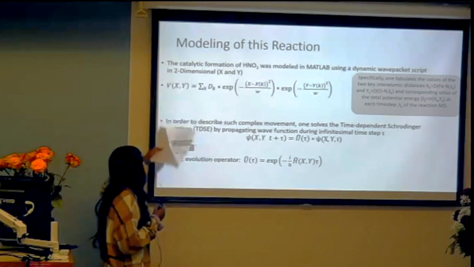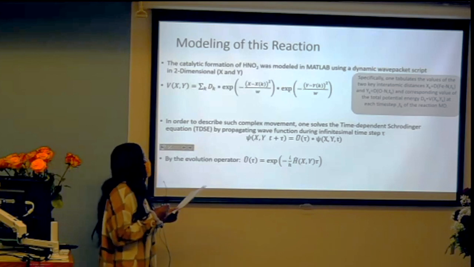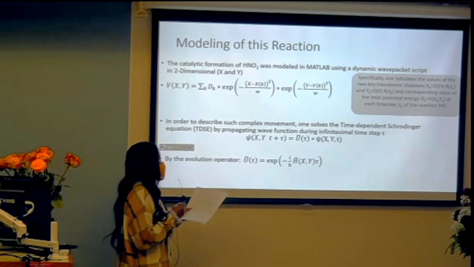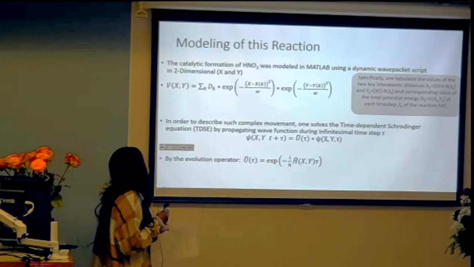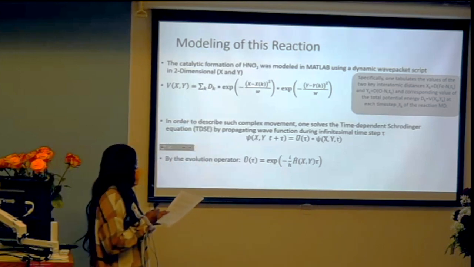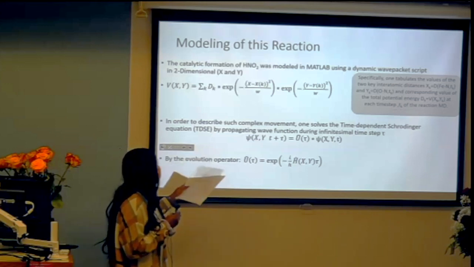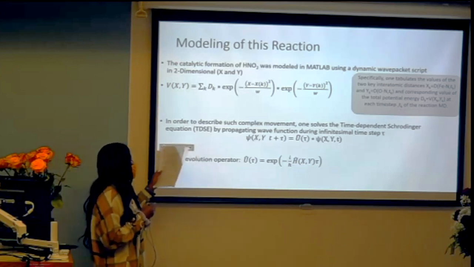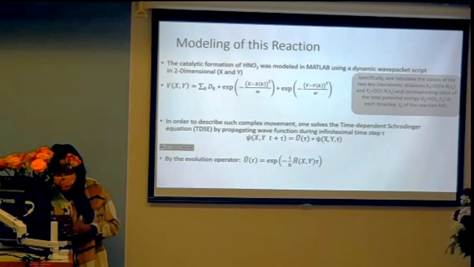Here I have defined my potential energy as the hydroxide approaches the catalytic center and the nitric oxide group. Decay is my potential depth, and W is my width of potential. I defined it in the X and Y direction, which is what I was interested in.